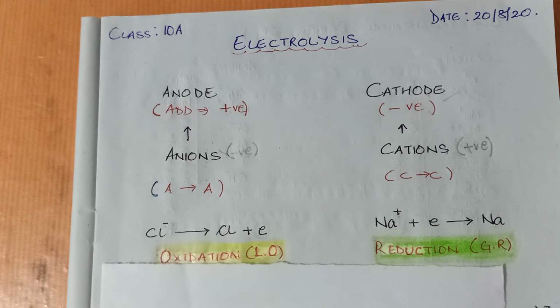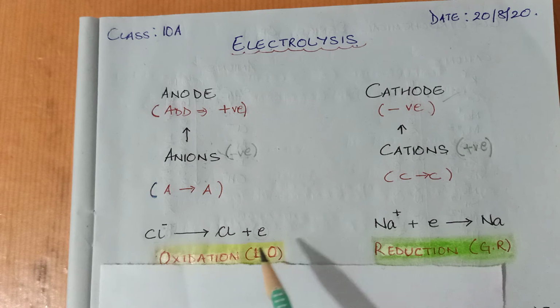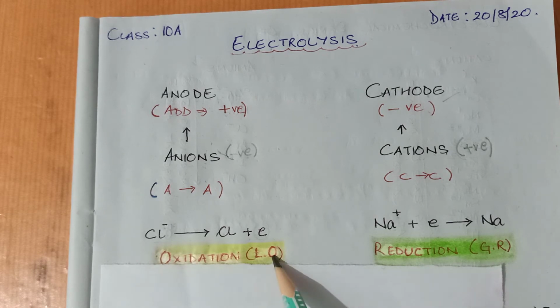I hope you still remember the mnemonic or the abbreviated form of oxidation reduction reaction. I told you to remember GR and LO. GR stands for gain of electron, which represents reduction, and LO stands for loss of electron, and it is oxidation.